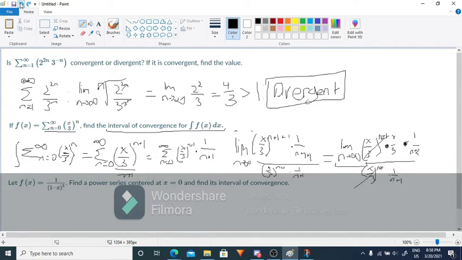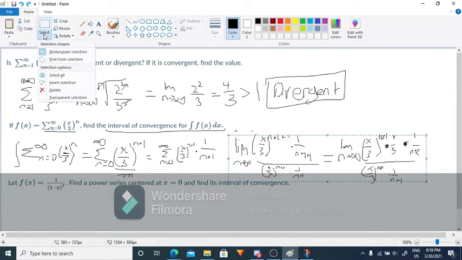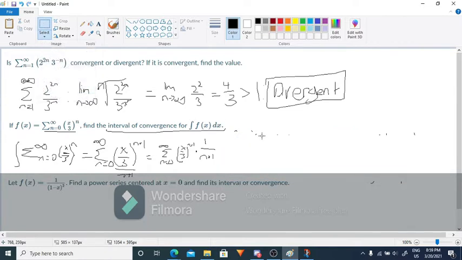I'll give us more room and I'll rewrite. Our answer was x over 3.